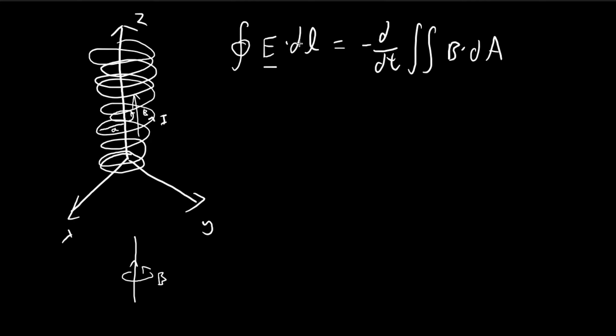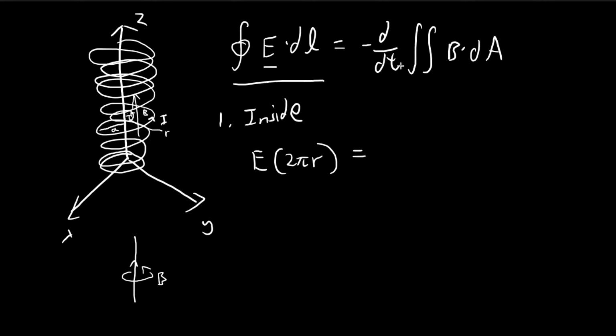Knowing this, we can immediately simplify this expression. Let us first consider the case when we're inside the solenoid. What is the electric field generated inside the solenoid? I can imagine a hypothetical hoop with a radius of r drawn here. The line integral becomes the magnitude of the electric field, E times 2 pi r, and this is equal to the change in the flux.